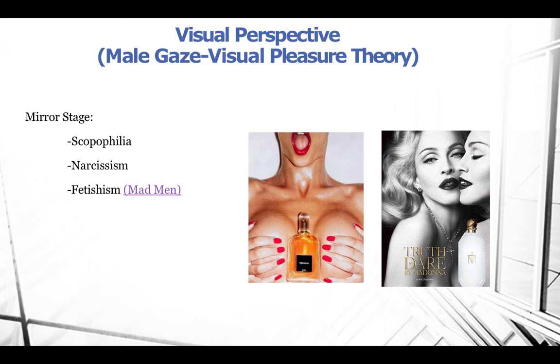Moving on. So this chapter really is about the visual perspective, the male gaze, the visual pleasure theory. So how do we react or think when we see certain objects or we view certain images?